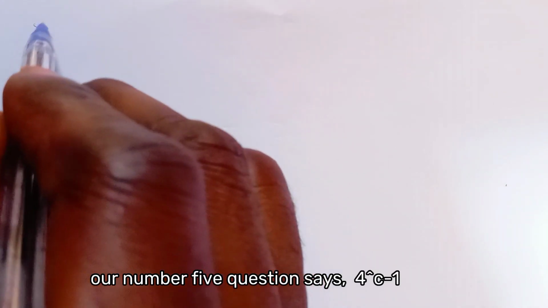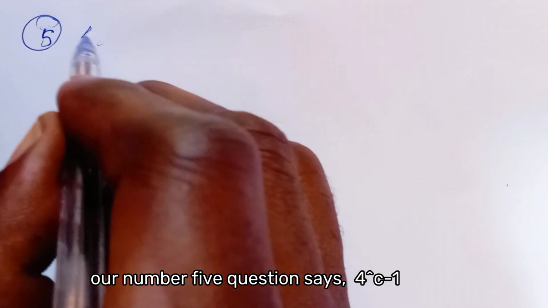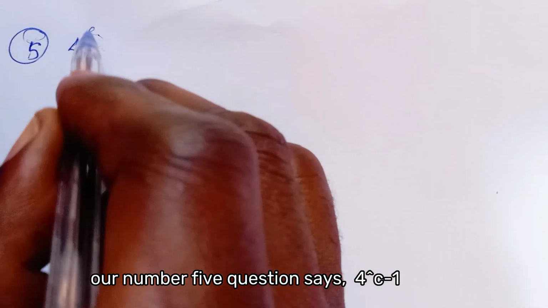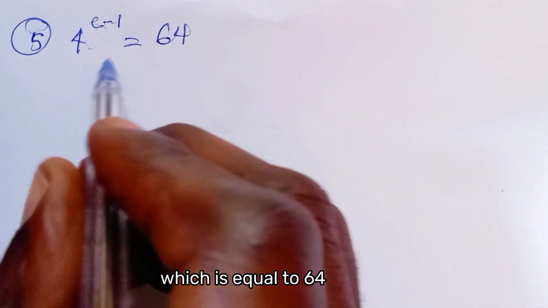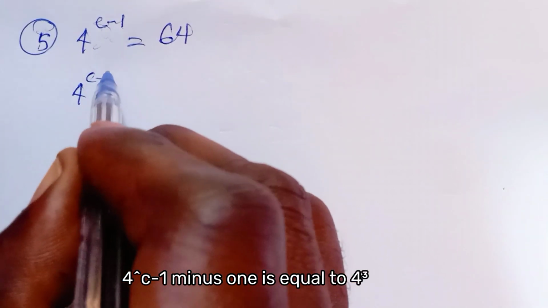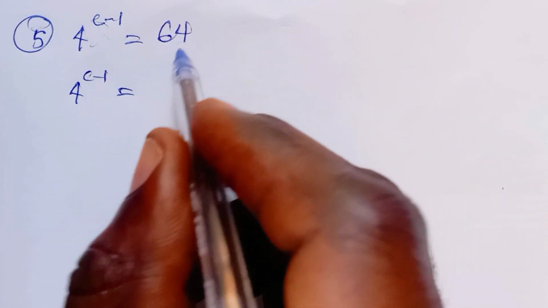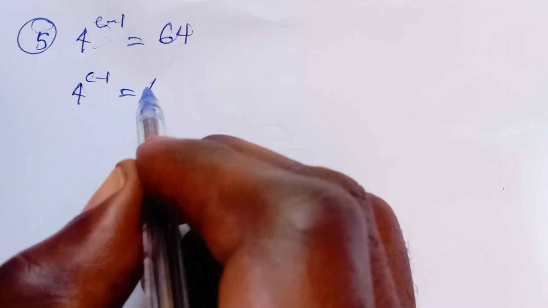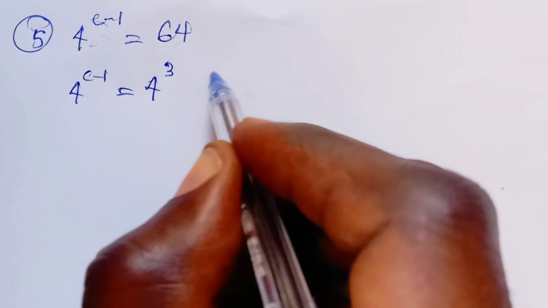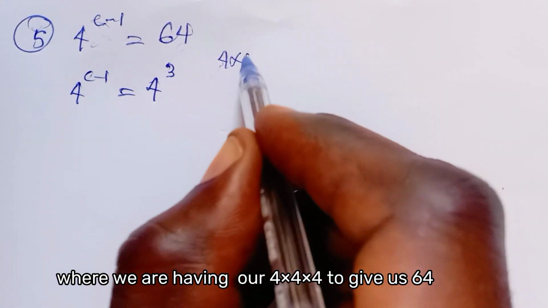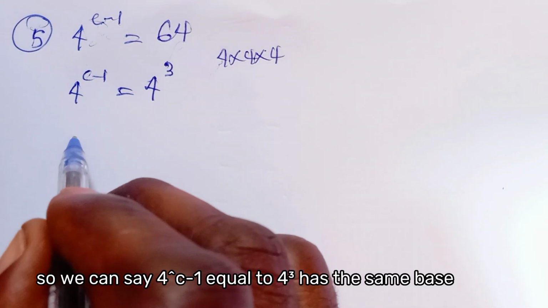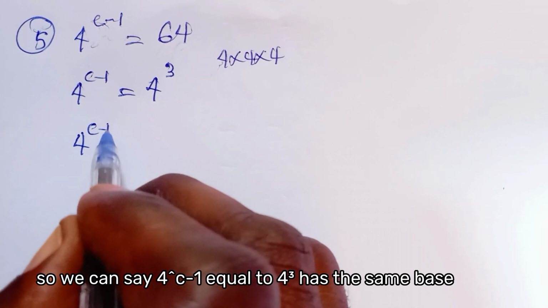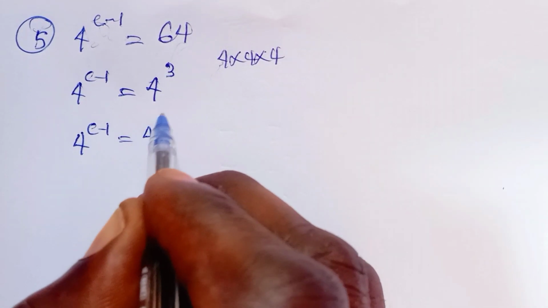Our number 5 question says 4 raised to power c minus 1 is equal to 64. 4 raised to power c minus 1 is equal to 64 is also the same thing as 4 raised to power 3, where we have 4 times 4 times 4 to give us 64. So we can say 4 raised to power c minus 1 is equal to 4 raised to power 3.